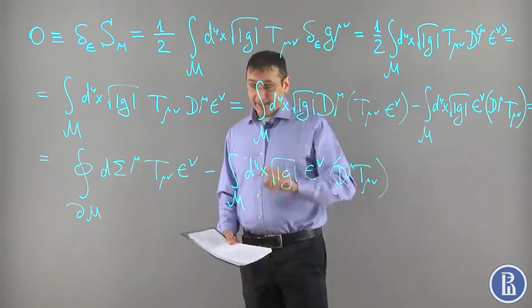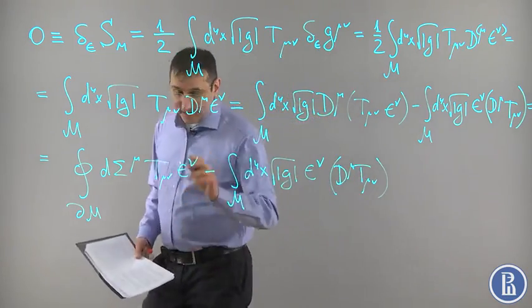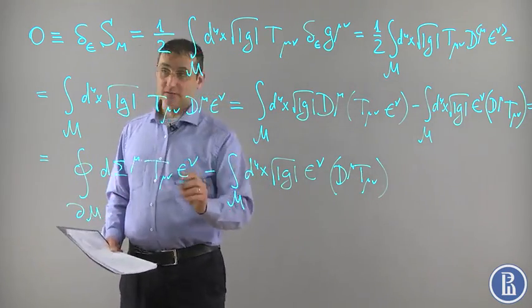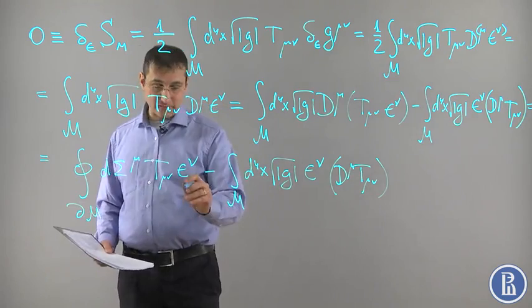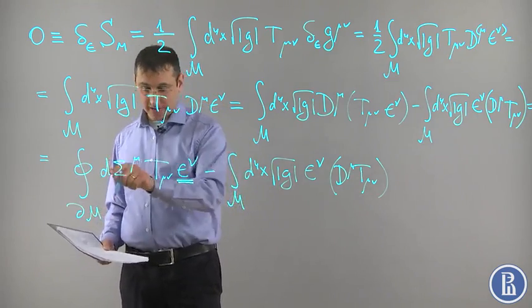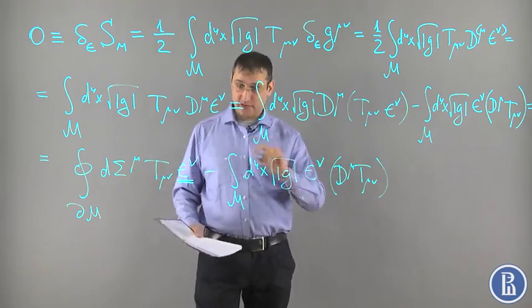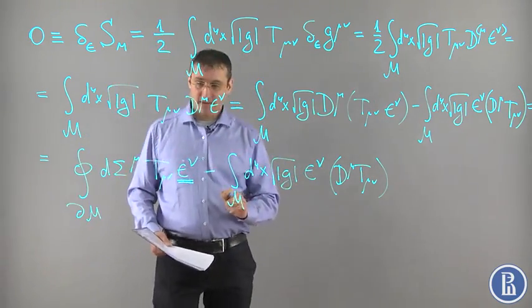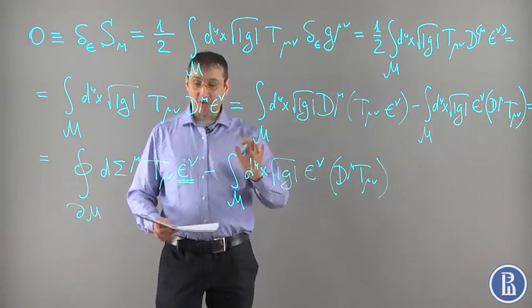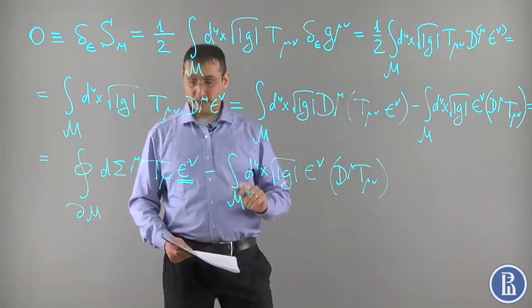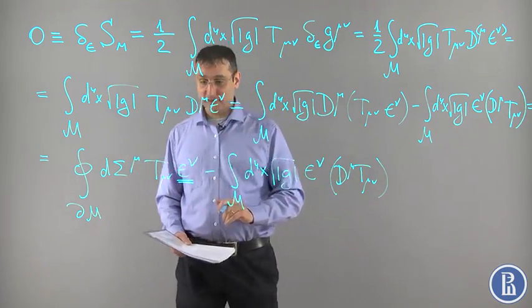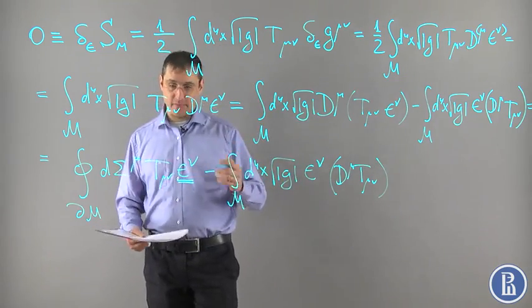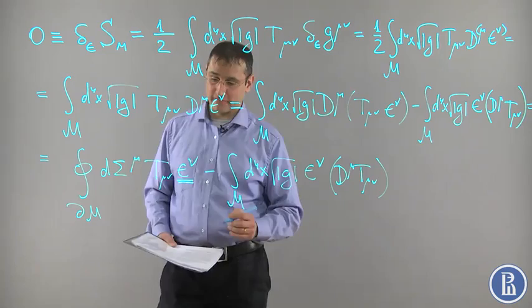So it is a separate interesting story to consider such coordinate transformations for which this doesn't vanish at the boundary. This is an interesting story and a separate exercise, etc., but we are not going to discuss it in this course of lectures because we are just learning general theory of relativity from the very beginning.